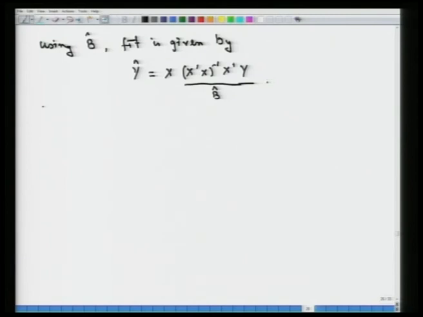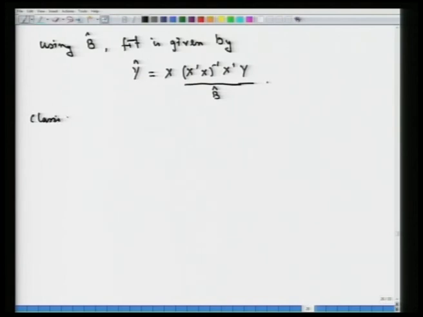Now, let us see, if we have really a k class problem and a new observation comes, how we are going to classify that particular observation into one of the k possible classes. Under this setup, classification for a new observation x naught is going to be done in the following steps.